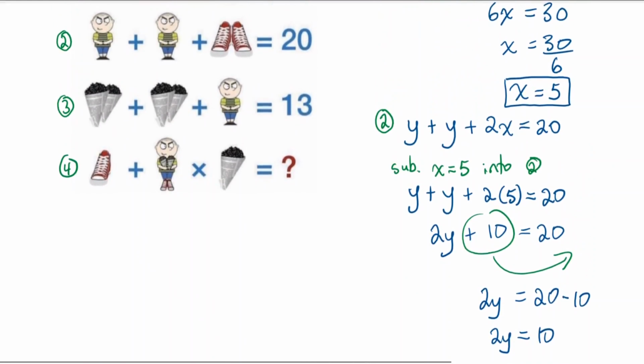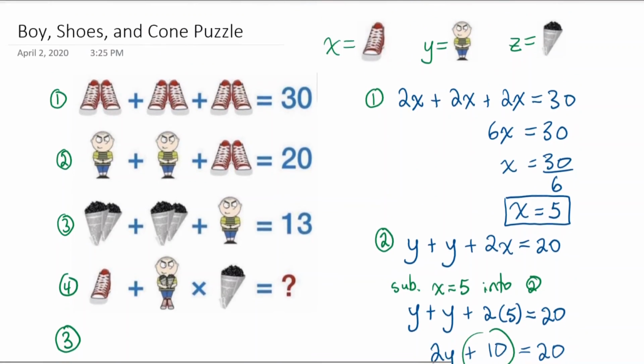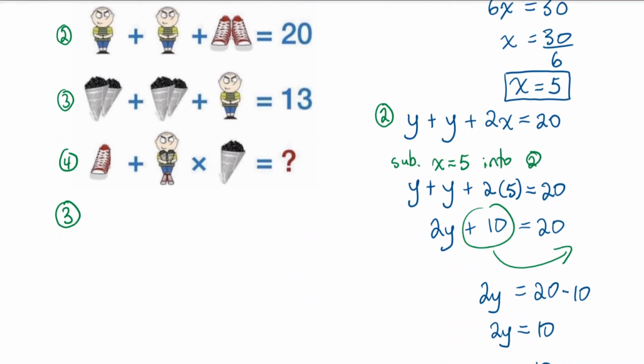Let's move on to equation 3. Equation 3 states we've got our two cones. Cones, as you recall, is z. So we have 2 of the cones plus another 2 cones plus my boy, which is y, equals 13.